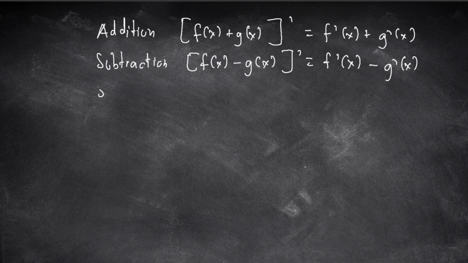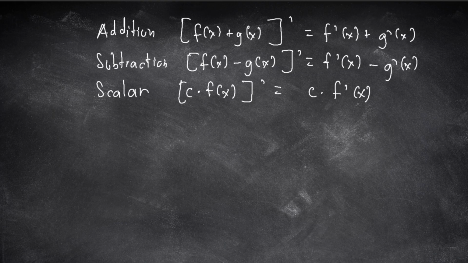And then there's one more, which is scalar, which deals with basically a number multiplied to a function. And if we take the derivative of this, you could just ignore the constant and then just take the derivative of your function. And then there's basically one more called a constant, which is the simplest to remember and the one that you're probably going to use the most, because it's the most frequent and usually every function has it.